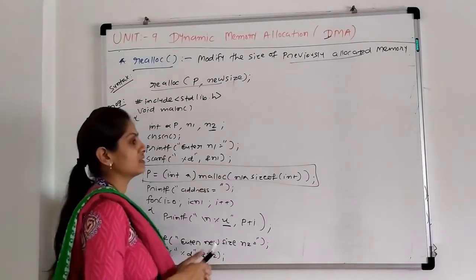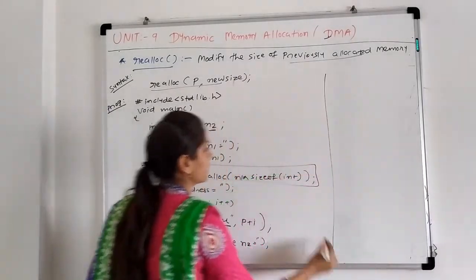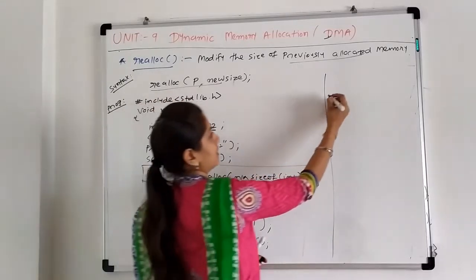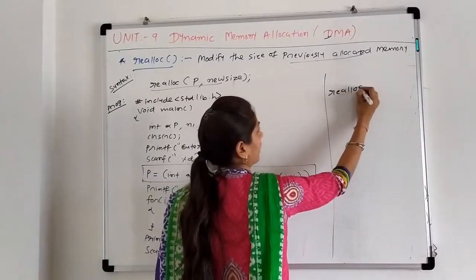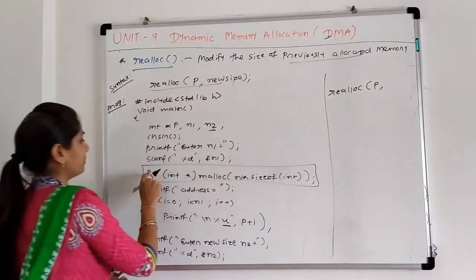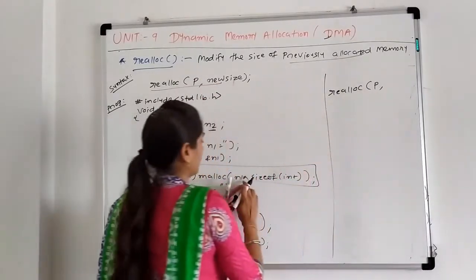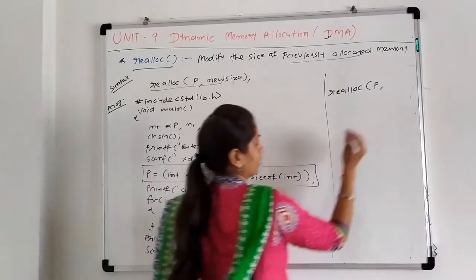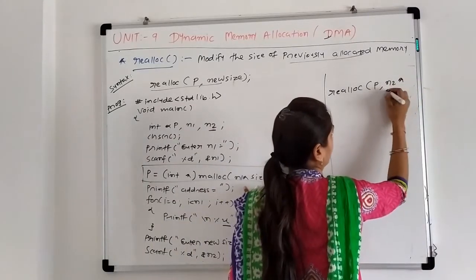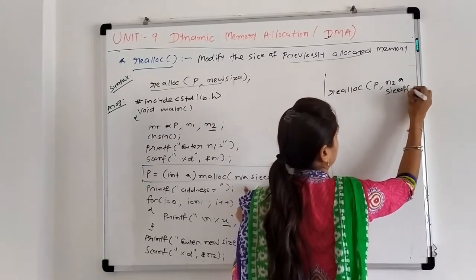After the new size you can use realloc. So the syntax is realloc, the pointer is the same p, and the new size, that is n2 into sizeof(int).